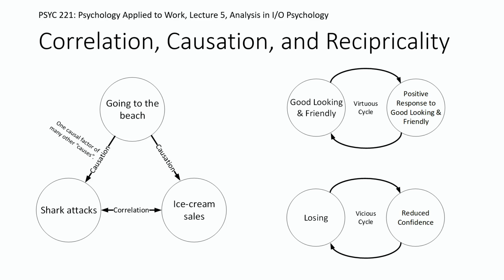So if you're having all sorts of social encounters and you happen to be good-looking, your odds of your social encounters being positive are slightly higher than people that aren't as good-looking.